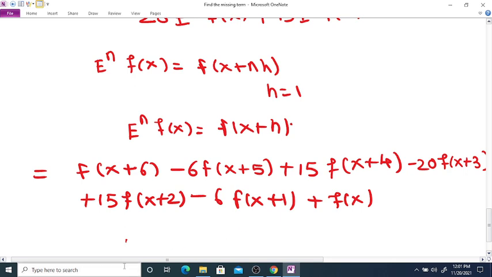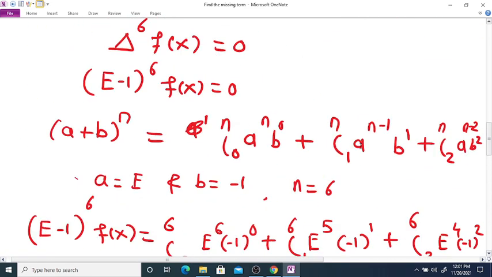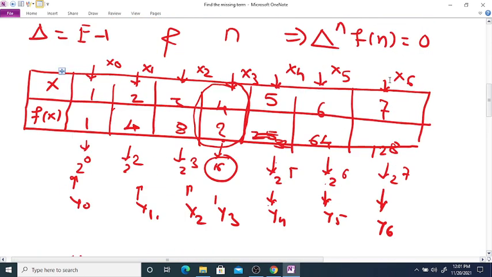Now put x equal to 0, what is given here in the table. This is x = 6, this is x = 0.